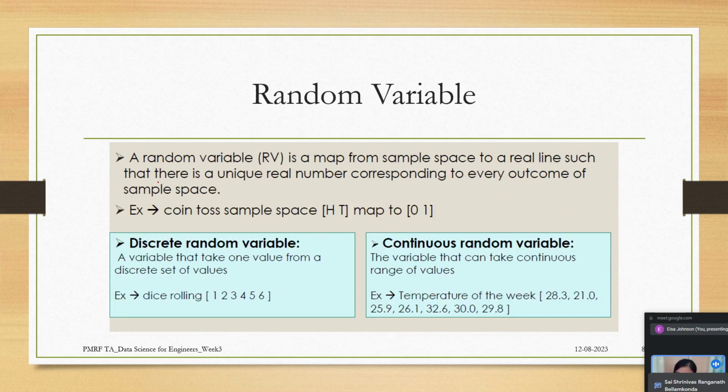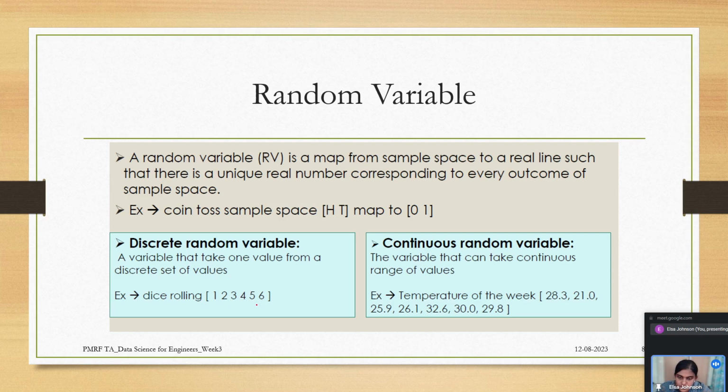So as I was saying, random variable is a map from sample space to a real line, such that there is a unique real number corresponding to every outcome of the sample space. There are discrete random variables as well as continuous random variables. In a discrete random variable, a variable takes one value from a discrete set of values.